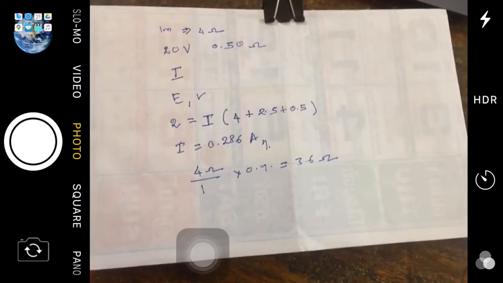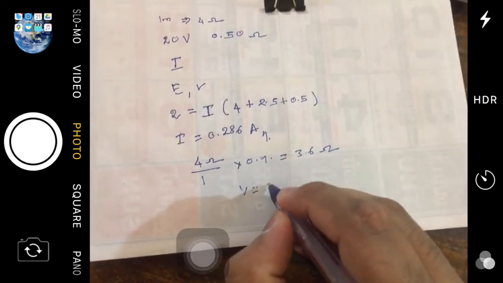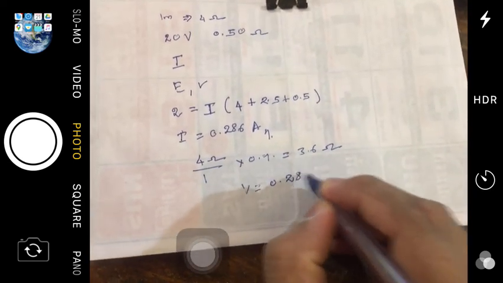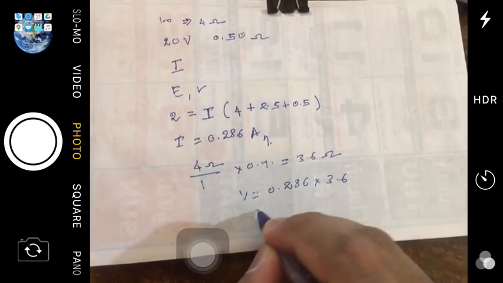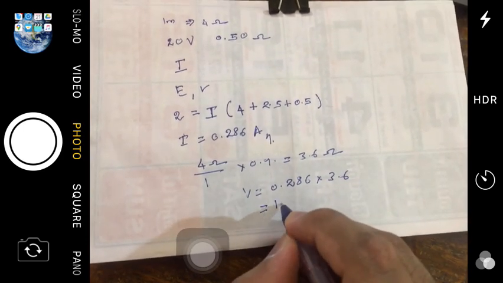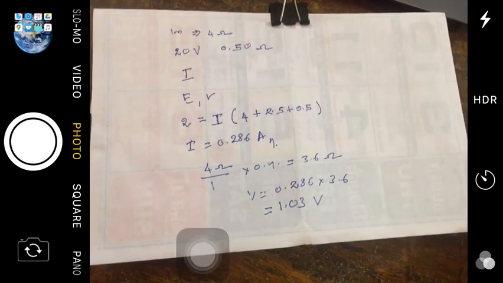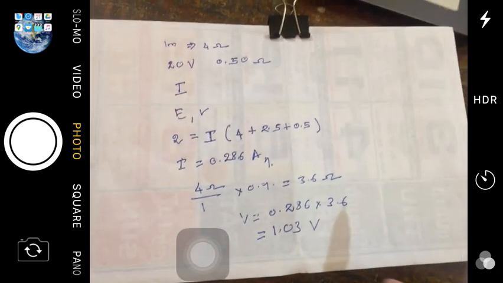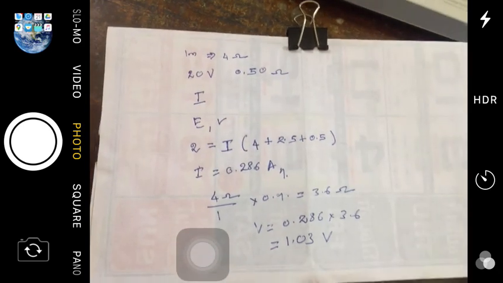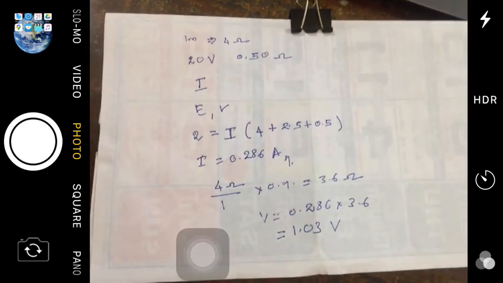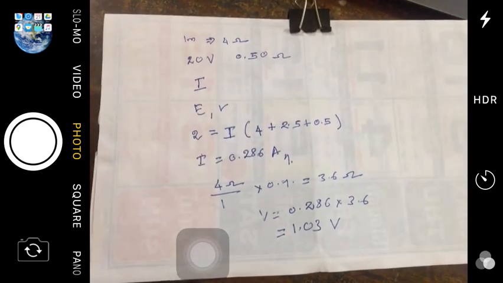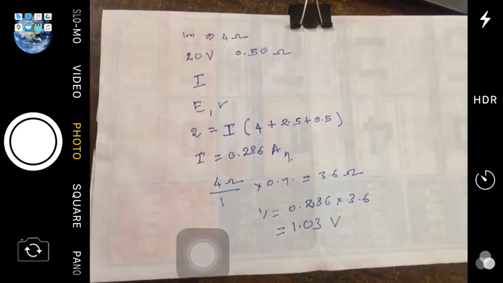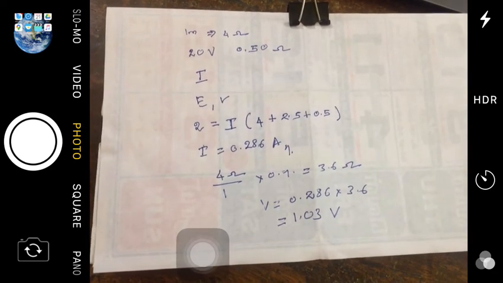So you know the resistance value, you know the current. So the drop across that is 1.03 volts. Simple. Then they're asking you to state the value of the EMF of the second battery, the bottom one.